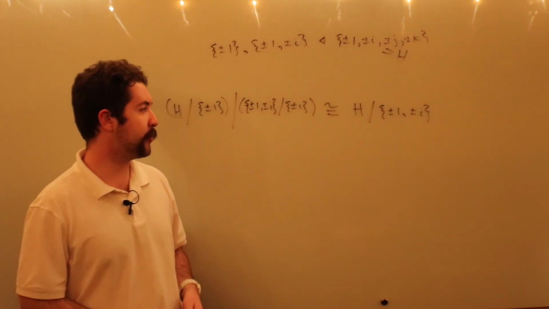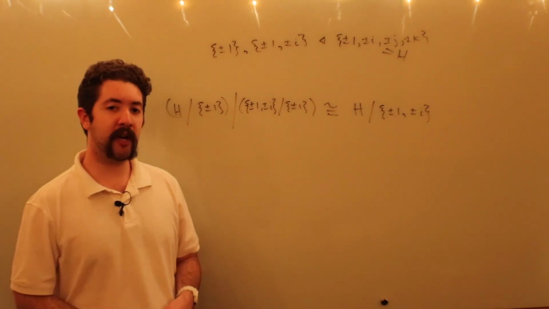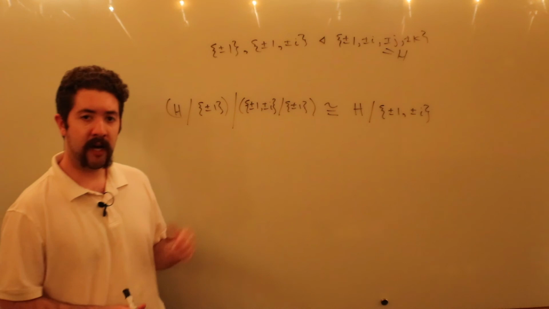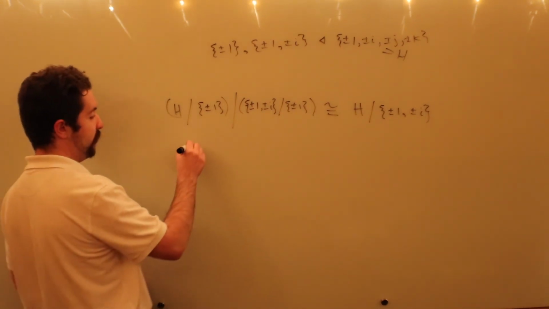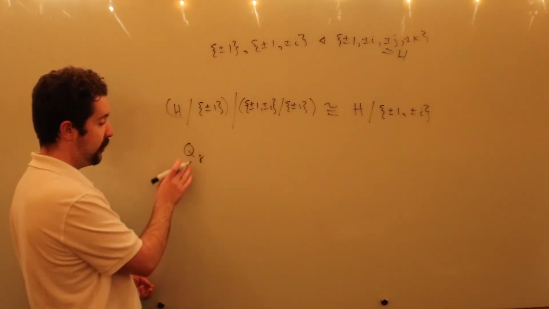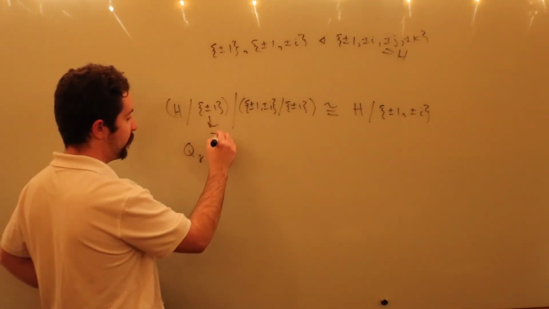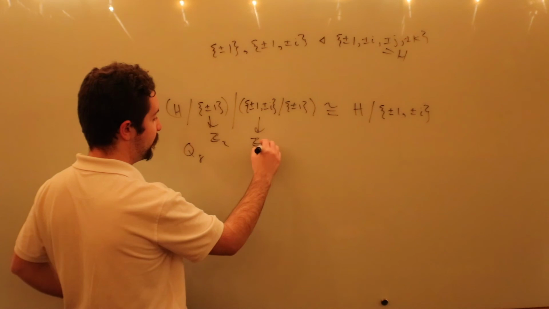Something that's interesting about the quaternion group is we can form these quotients because every non-trivial proper subgroup of the quaternion group is normal in it, which is an unusual property for non-abelian groups. Another notation for H is Q8, since it's the quaternion group, it has 8 elements, and this is isomorphic to Z2, and this is isomorphic to Z4.